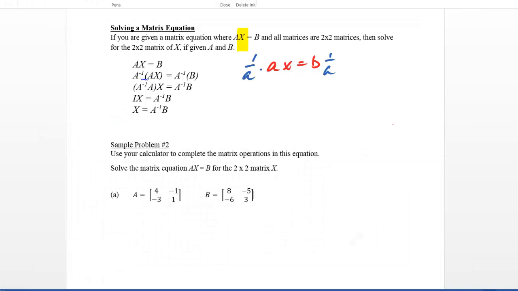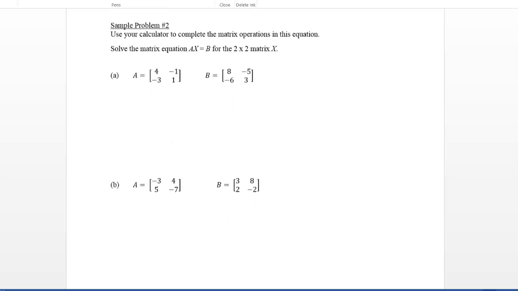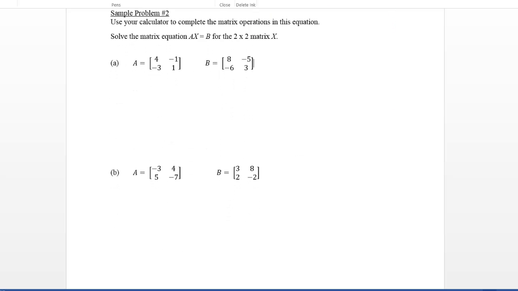So let's look at sample problem number 2, how we're going to do that. We have part A and part B, and so I'm just going to help you set up part A. So here we know we have a matrix A and a matrix B, and we want to solve the matrix equation.